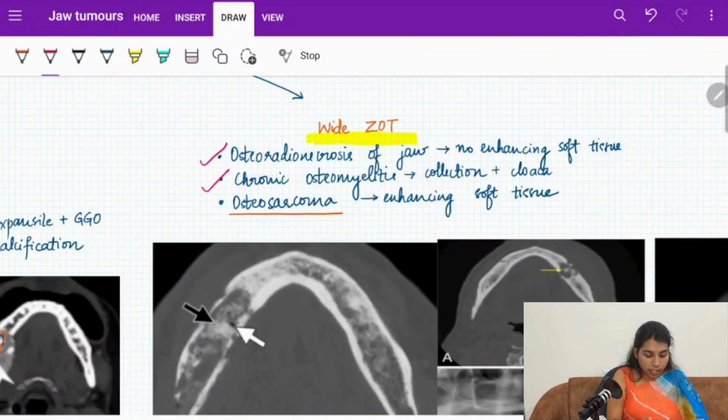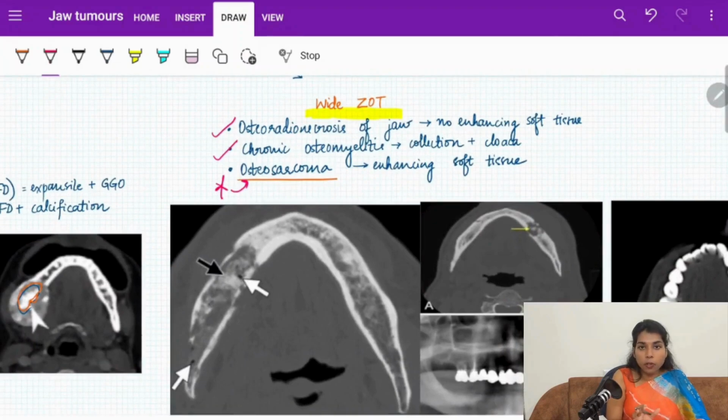How do we differentiate these from a classic osteosarcoma? Osteoradionecrosis of the jaw will have a history of radiotherapy, and similar to osteosarcoma, there are areas of sclerosis and areas of lucency, but there is no enhancing soft tissue component associated with it. The classic history should point you to the diagnosis of osteoradionecrosis of the jaw. Next, coming to chronic osteomyelitis.